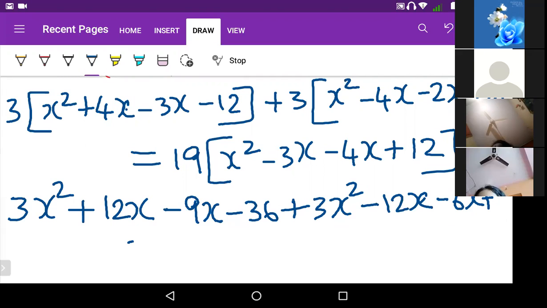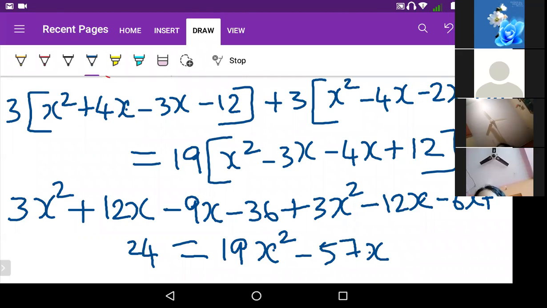I'll just write it below here, 24 is equal to, now you have 19. So 19 into x square is 19x square, minus 3x, 19 into 3x will give me 57x. 19 into minus 4 is minus 76x. 19 into 12 is plus 228.